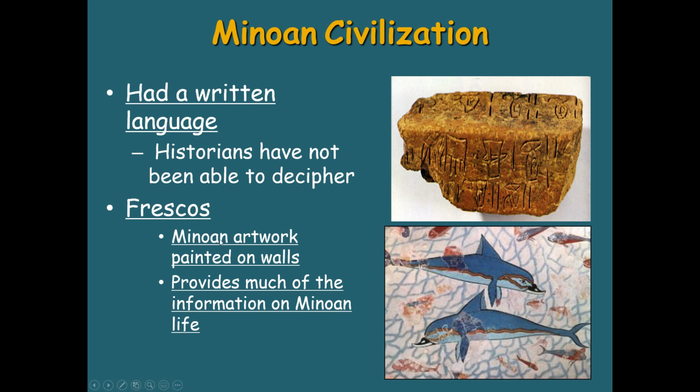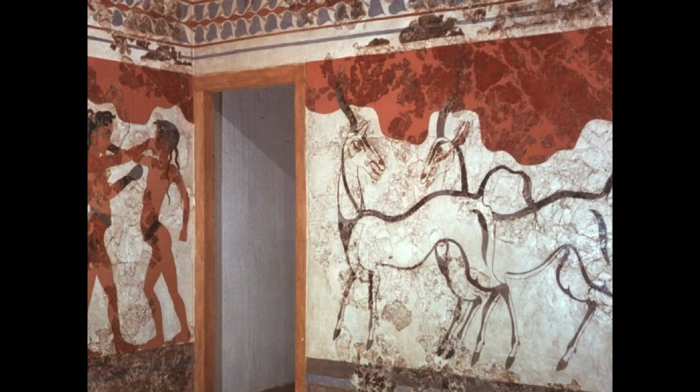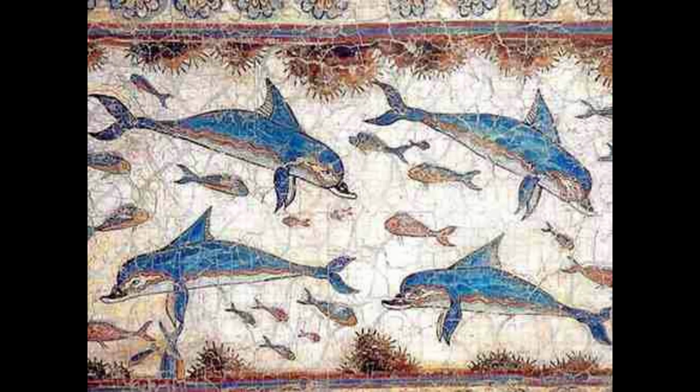The frescoes were the wall paintings which could be found in the Palace of Knossos, which provide us with some information concerning Minoan life. Here is one of the frescoes which shows a popular sport in the Minoan civilization, which is bull leaping. And this is another fresco which you can definitely see inside the Palace of Knossos.